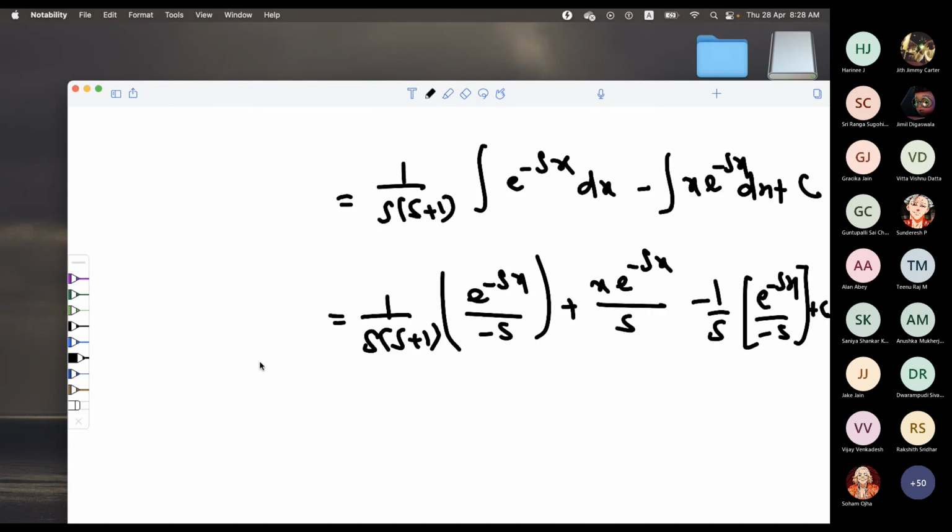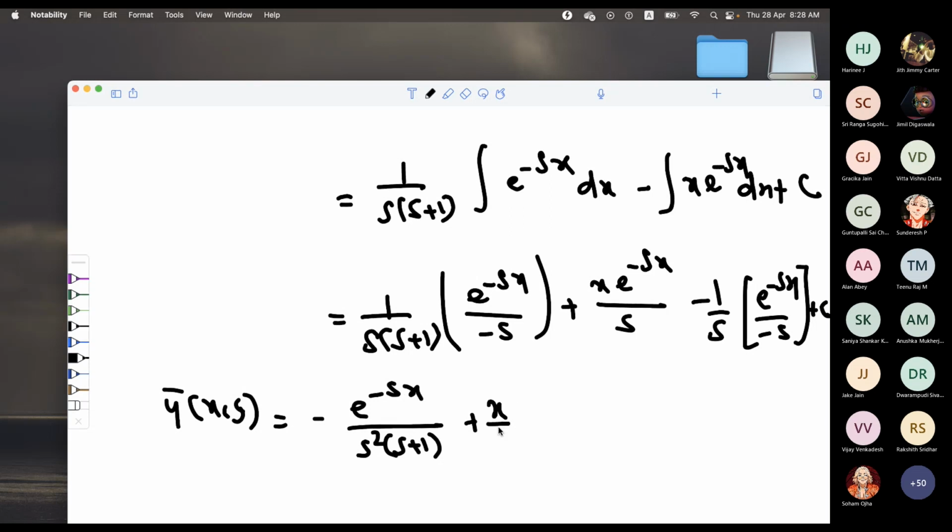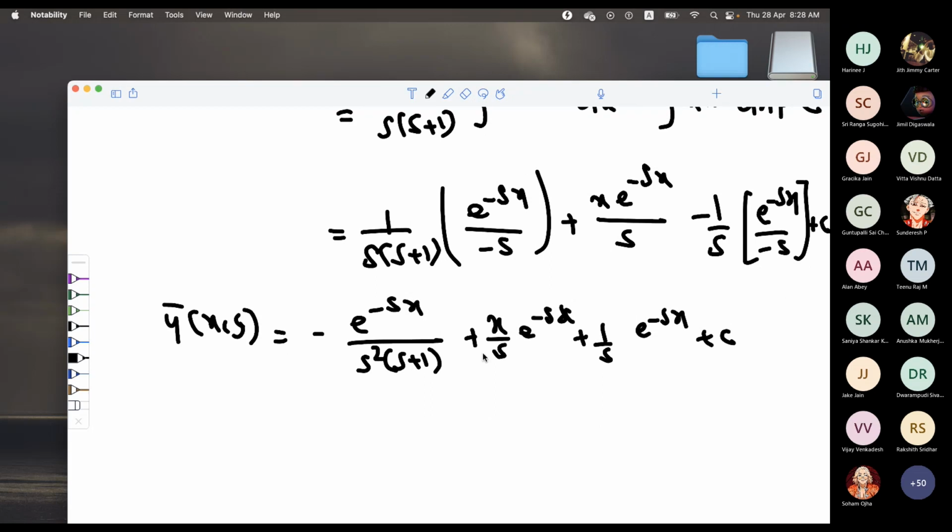So overall my y bar of x comma s is minus e raised to the power minus sx divided by s square into s plus 1, plus x by s e raised to the power minus sx, plus 1 by s square e raised to the power minus sx, plus c. So c is an integrating constant.